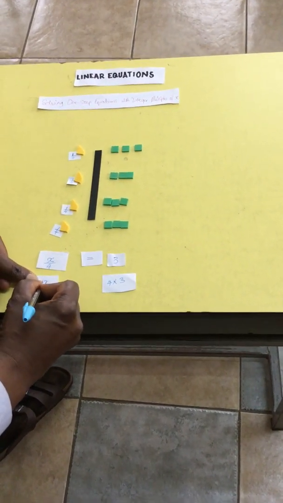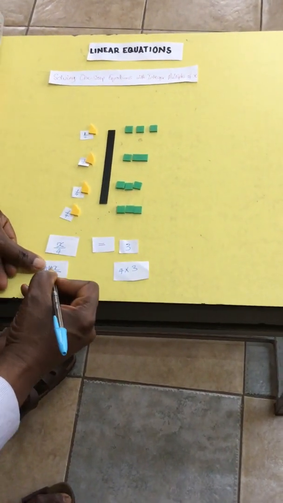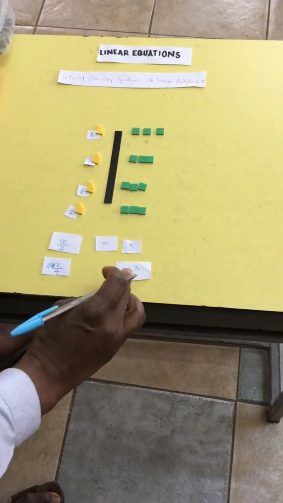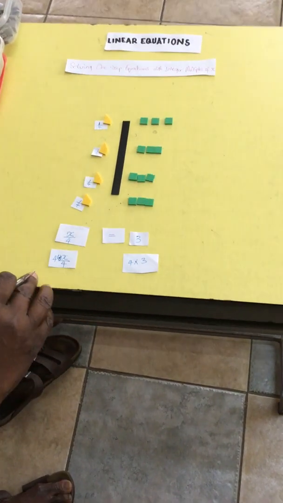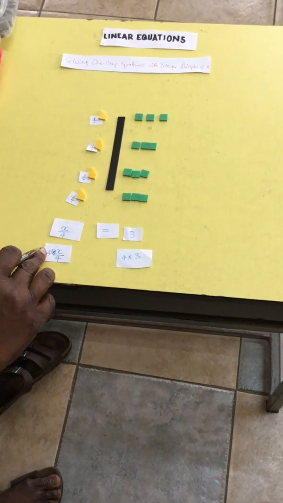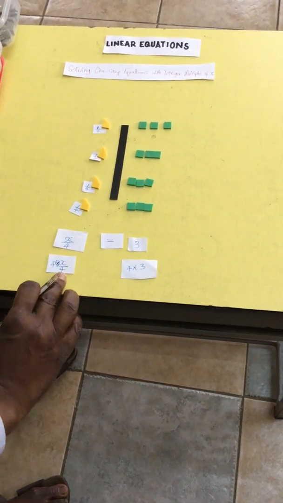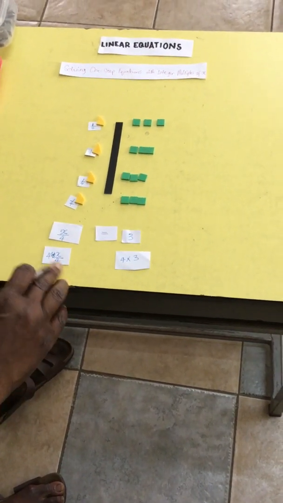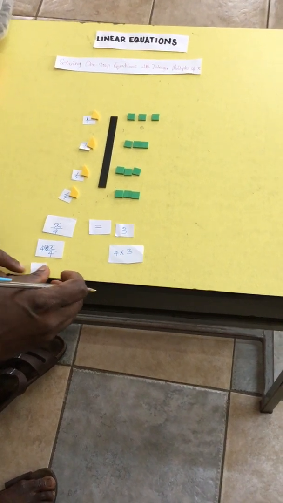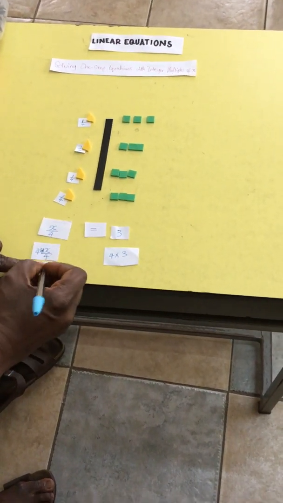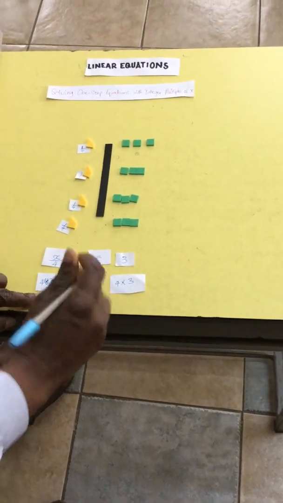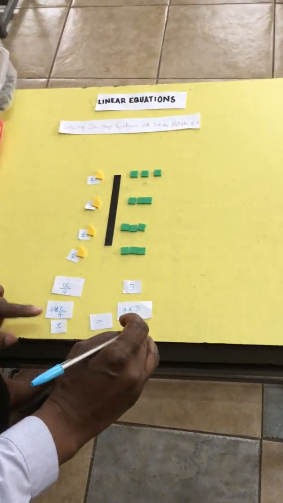So this multiplication. So we see that 4 divided by 4 is 1. So we have x equals 12.